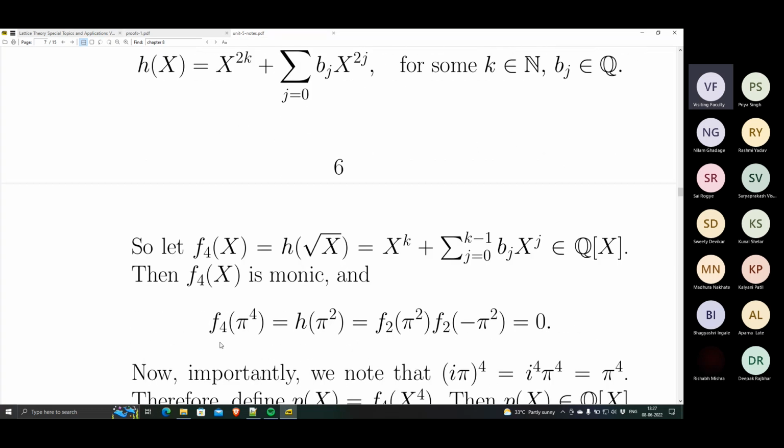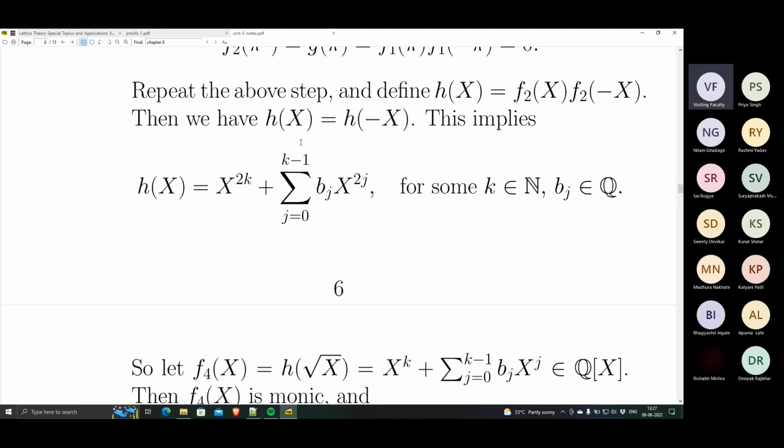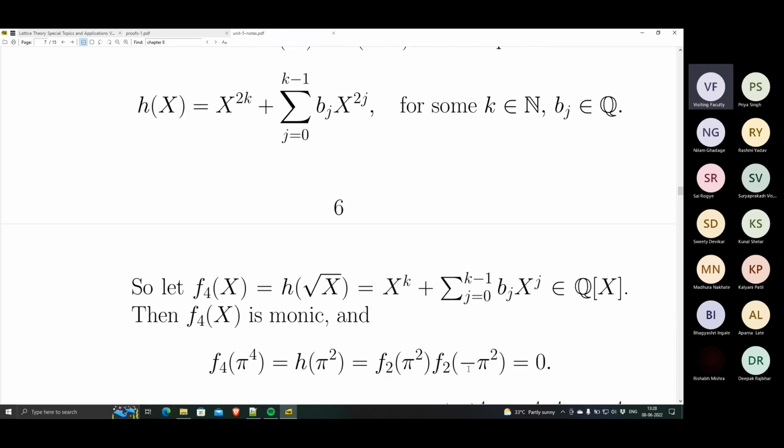Now what do we have? f4 at pi raised to 4, by definition, is equal to h at square root of pi raised to 4, that is h at pi squared. But h at pi squared by definition is f2 of pi squared times f2 of minus pi squared. But f2 of pi squared is 0. We have already proven it.